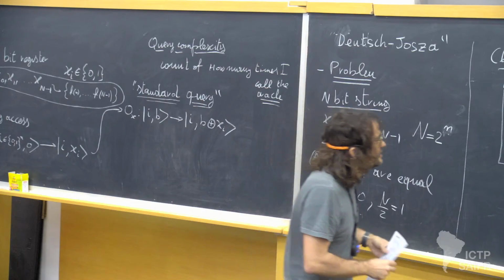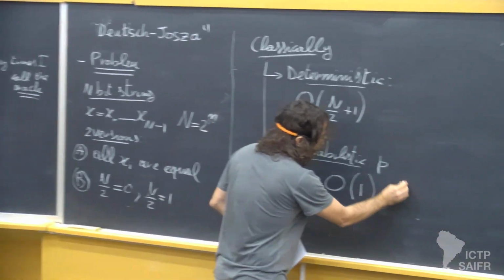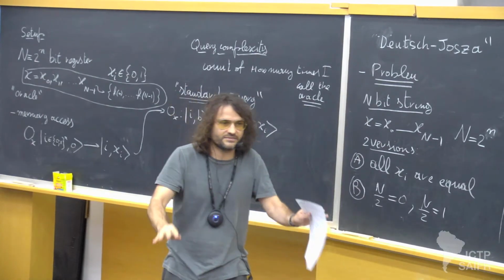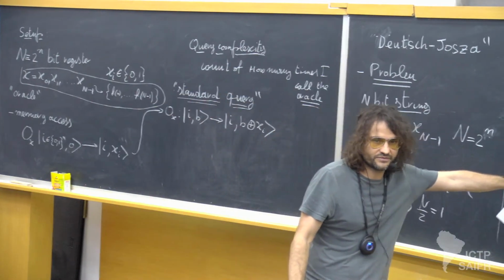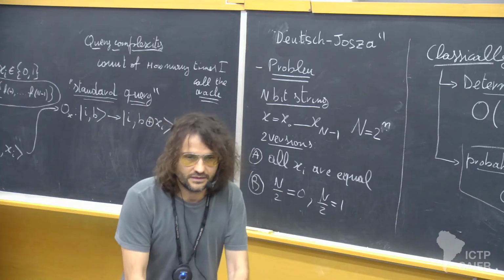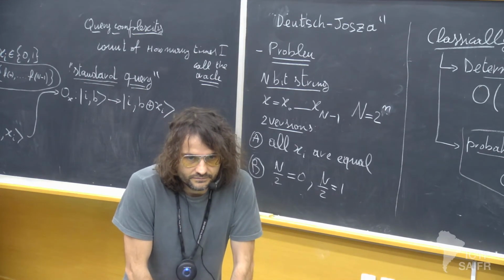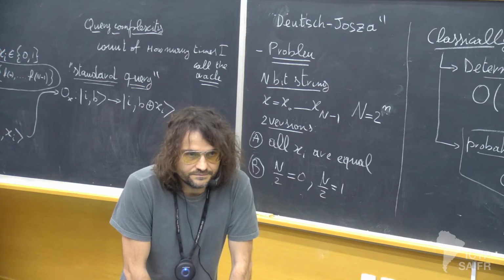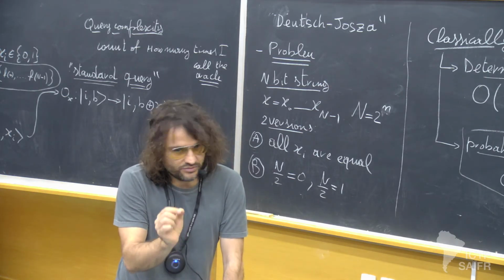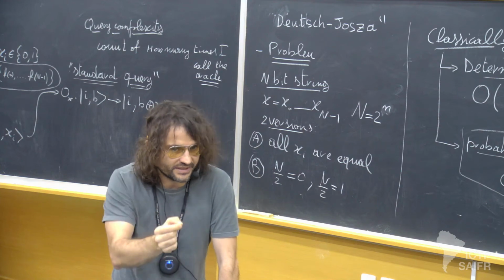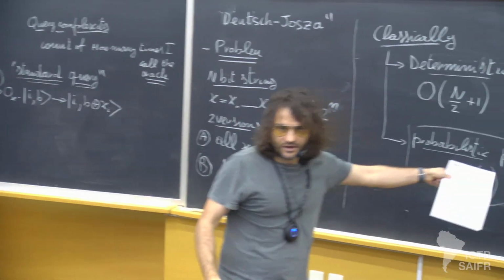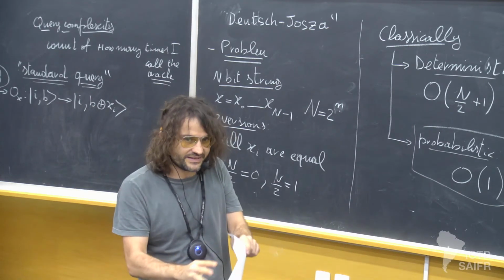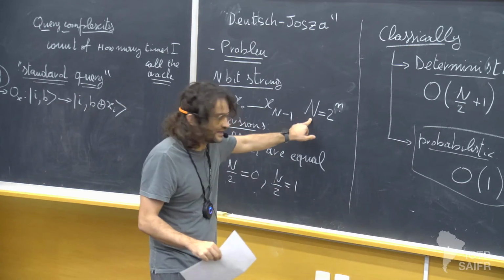So there is a huge discrepancy classically between the two possibilities. If you are deterministic, you have to query an enormous number of times. When I say order one query, I don't mean exactly one query, but a number that depends on the P that you decide; to reach a certain probability threshold, you don't have to worry about n.